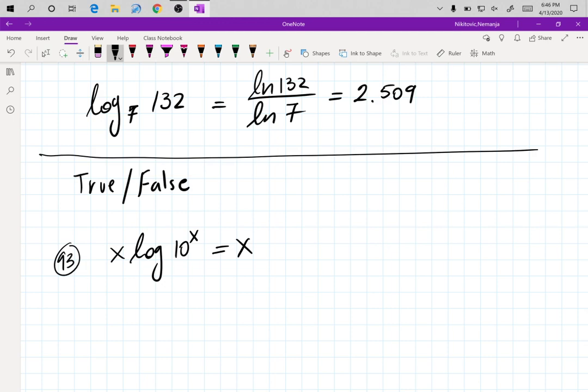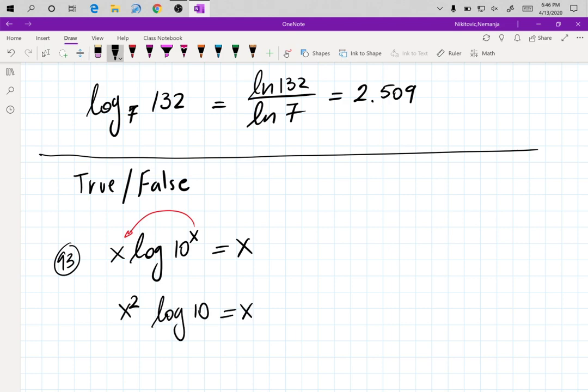So let's take a look at what we do here. The first order of business is to kick x outside because that's our exponent. So we're going to push that out, and that will create x squared outside, and then you have log 10.